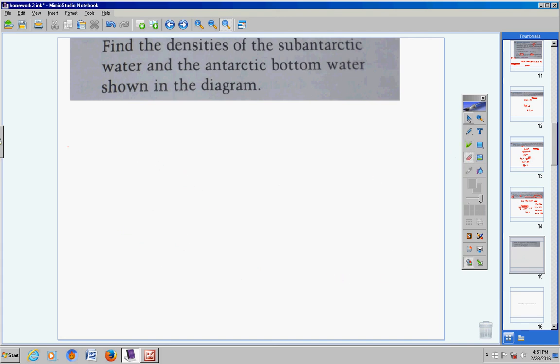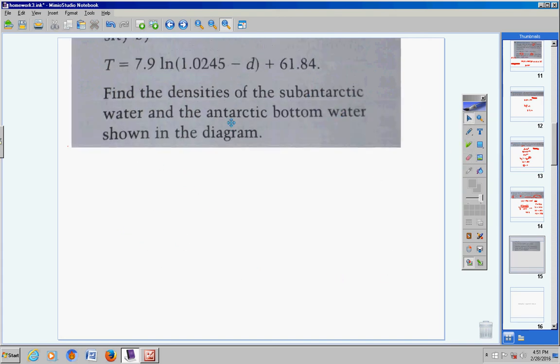They also want us to find the density of the Antarctic bottom water shown in the diagram. So it's going to be the exact same model again. T equals 7.9 natural logarithm of 1.0245 minus D plus 61.84.